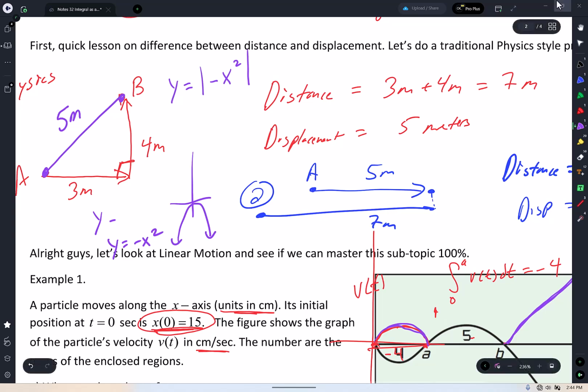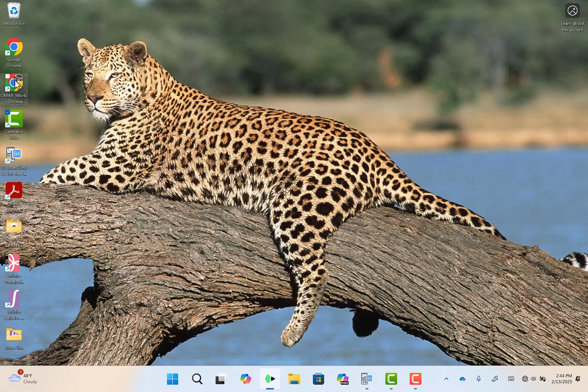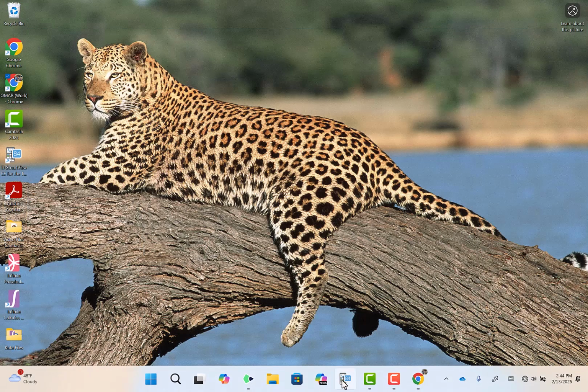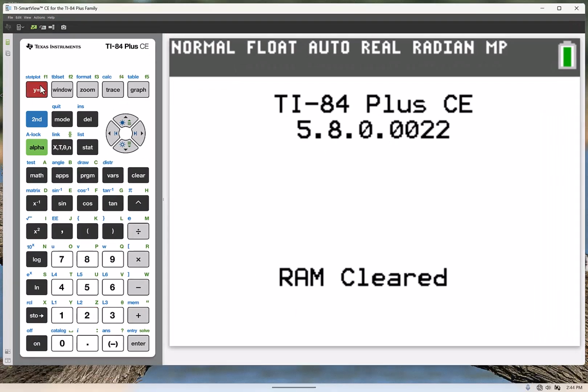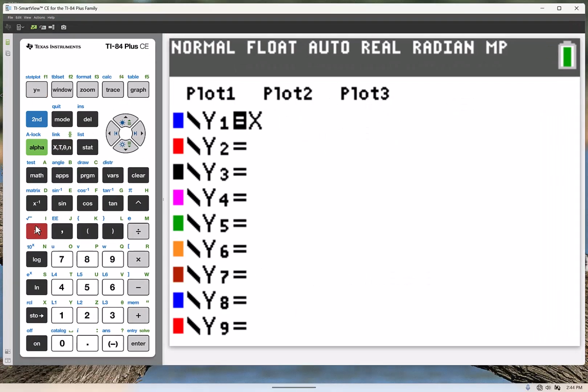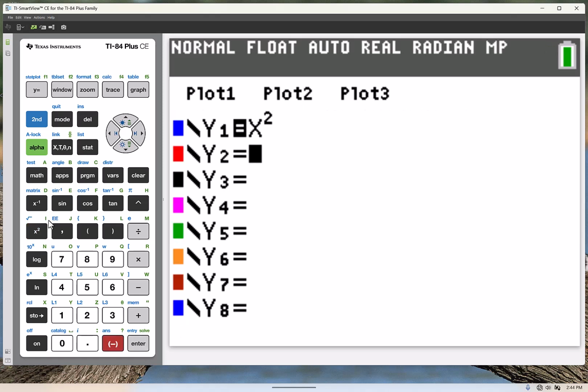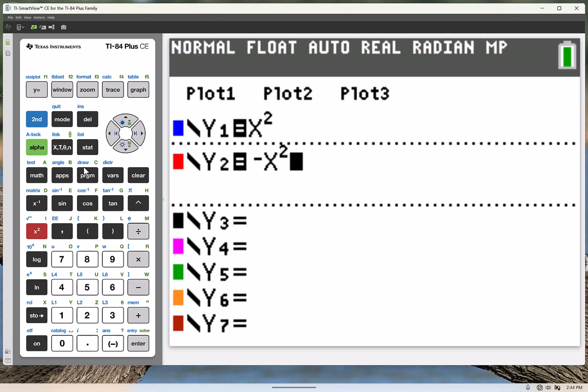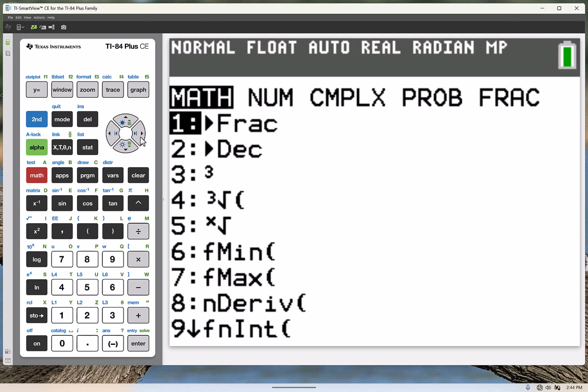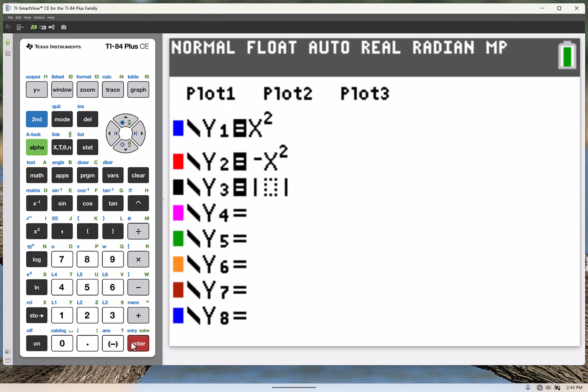I'm going to show it because some of you guys aren't believers. Look, guys. x squared, -x squared, and look what's going to happen when I go math, number, absolute value. Look, I'm putting a negative, and look what I'm doing.